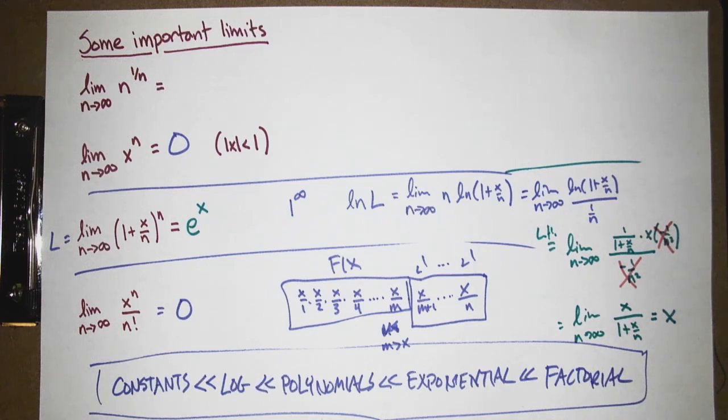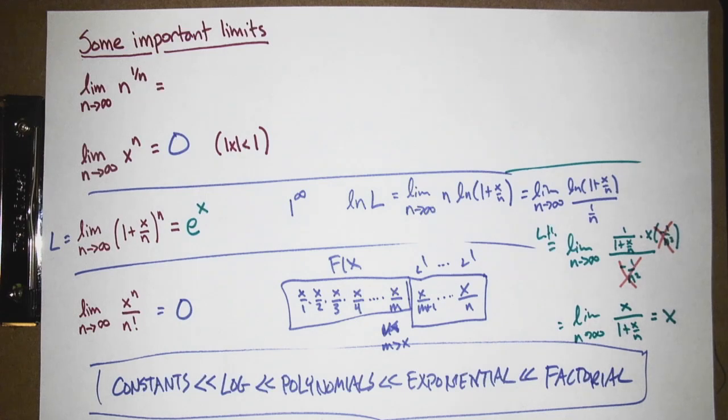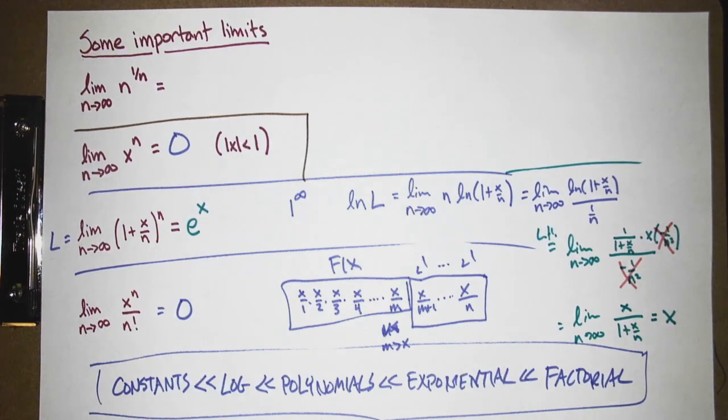And, all right. This last one, we didn't talk about that, but this is, again, a limit which will show up. Okay. So n to the power 1 over n. If we want to figure out what's happening with this limit, well, we have a challenge. We have an n downstairs. We have an n upstairs.